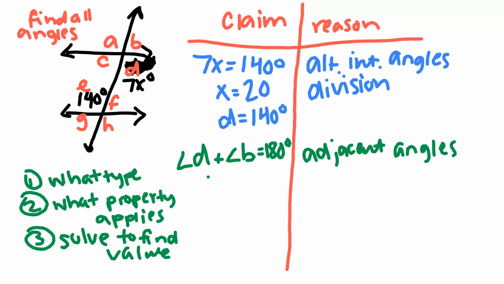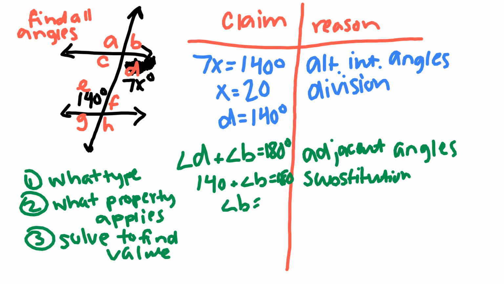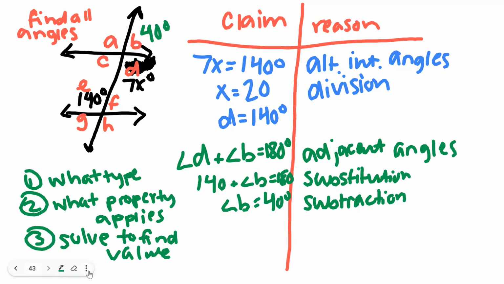Now I know that 140 plus angle B equals 180 because I substituted. Then I can subtract 140 on both sides and get angle B is equal to 40 degrees by subtraction. Then I can do that same process for other angles.